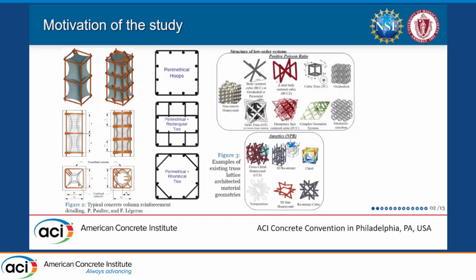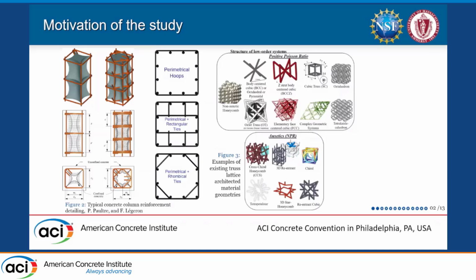So in this work, we are trying to study the confinement increase that a concrete structural member, such as a column, for example, would have if we embed an auxetic truss lattice material inside a composite matrix using a mortar or concrete, such as we would have in a typical column.